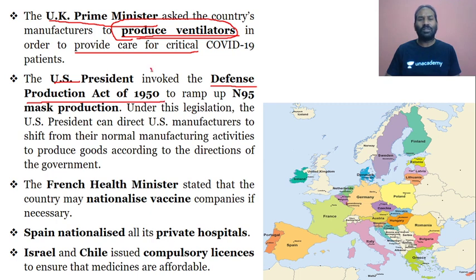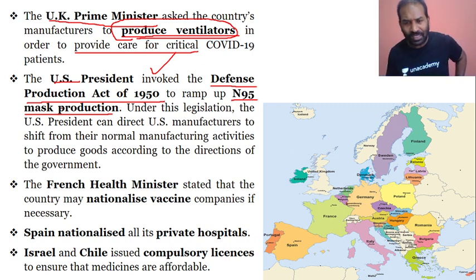Why has the US President invoked the Defense Production Act of 1950? It is to make sure that they ramp up, increase the N95 mask production, because they are falling under shortage. COVID-19 has infected patients across the US, because they haven't taken it very seriously, or the stricter measures were not taken into action the way they should have been at the right time.